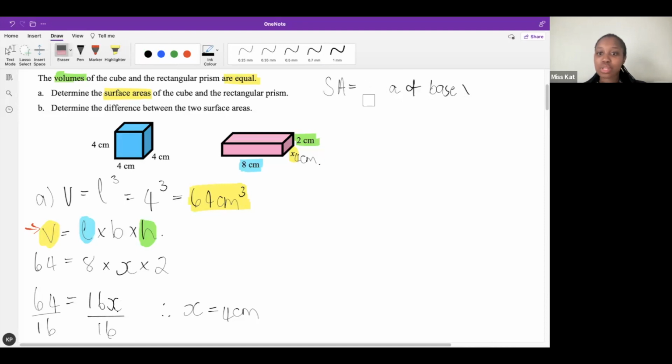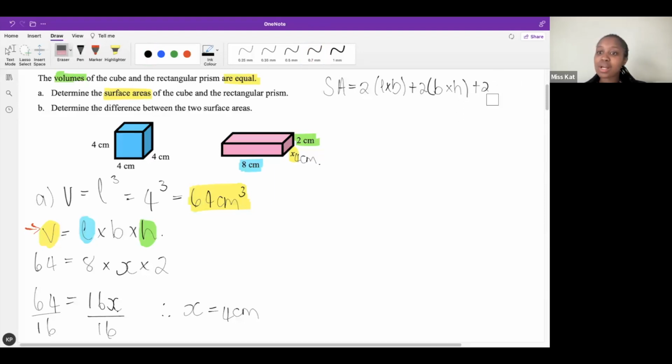It's 2lb times 2e. Surface area is 2 length times breadth plus 2 breadth times height plus 2 length times height.